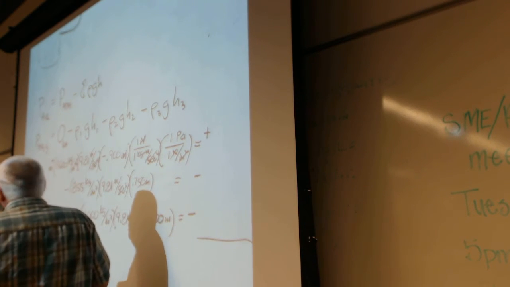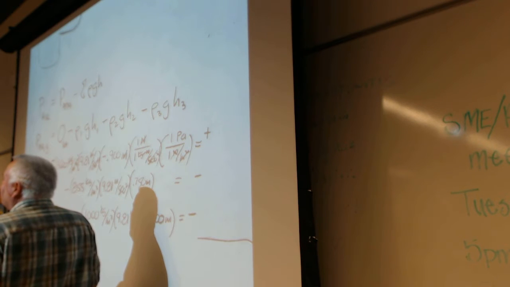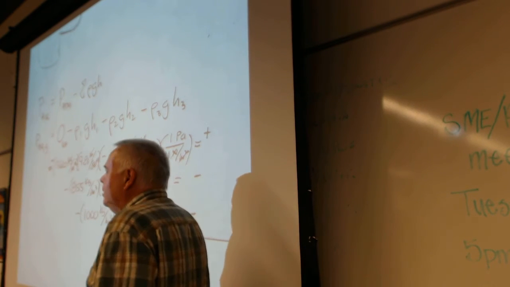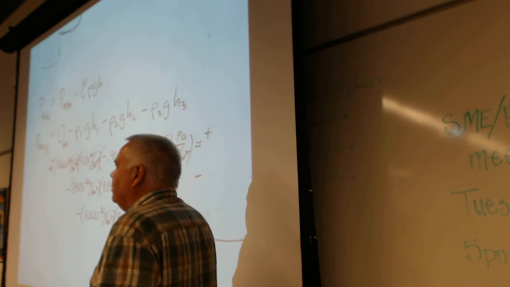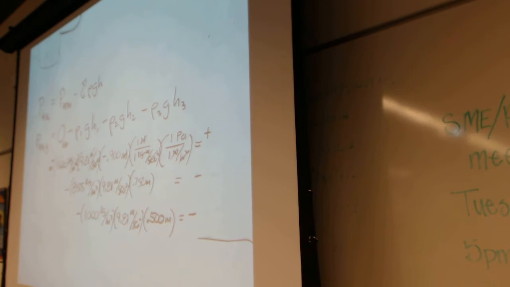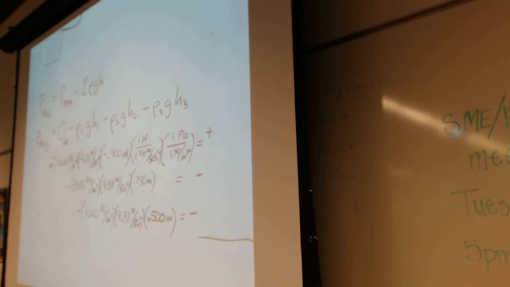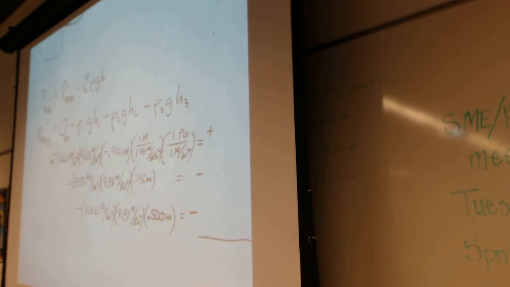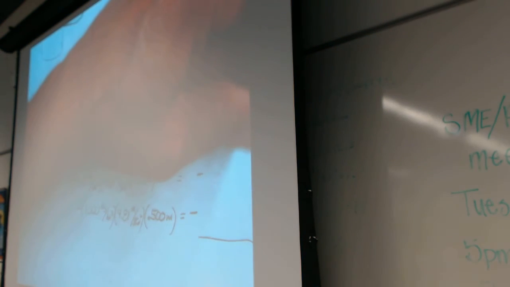I got 10,876. I didn't convert, so I actually got 108,768. But you said take 1,000 out, so it would be 10,876. What did you get? Before converting, 108,768.